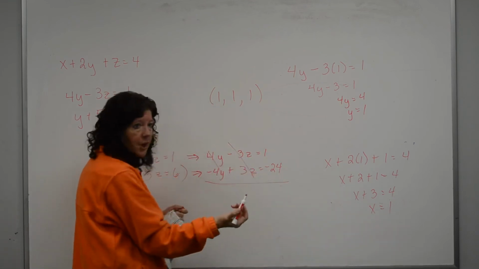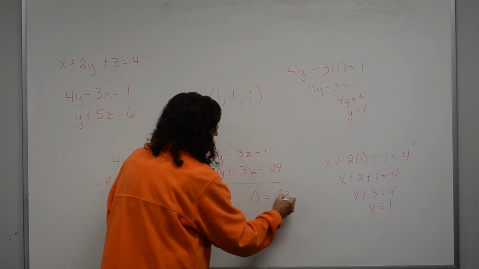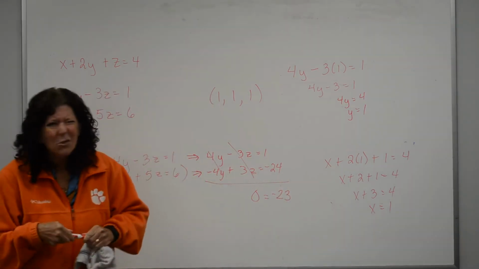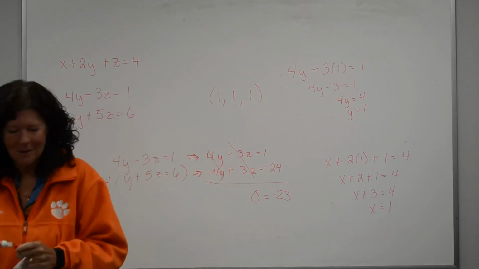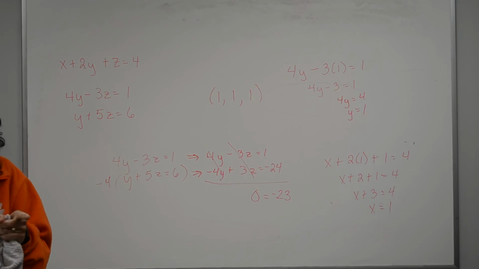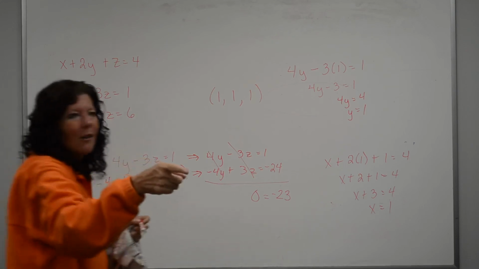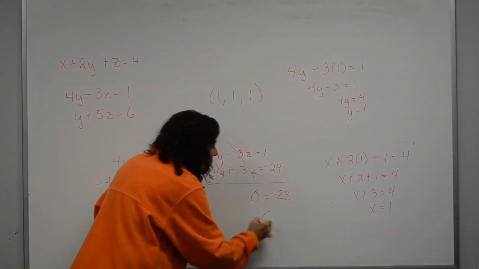And you go, oh, that's gone too. I get 0 equals -23. Is that true? Okay, so what do I know about these 3 lines? They're not the same. They don't have a point of intersection. So what are they? Parallel. All 3 of these lines would be parallel, so they would never cross.